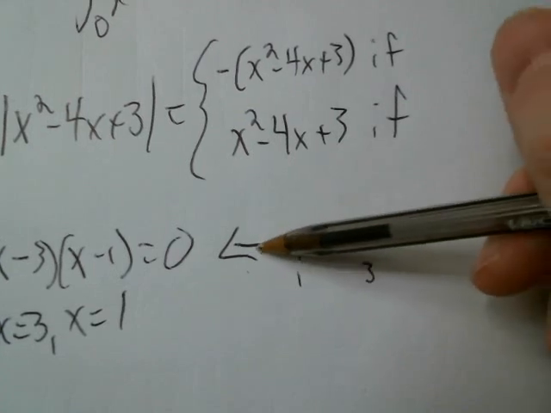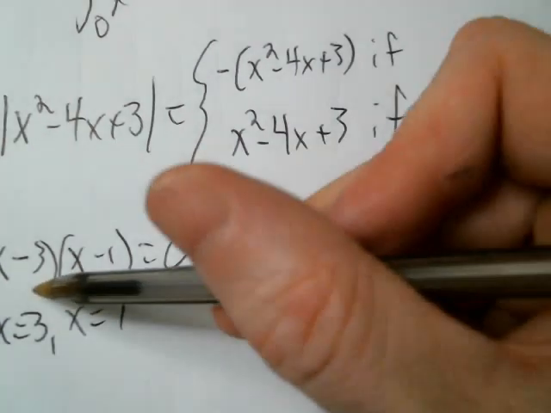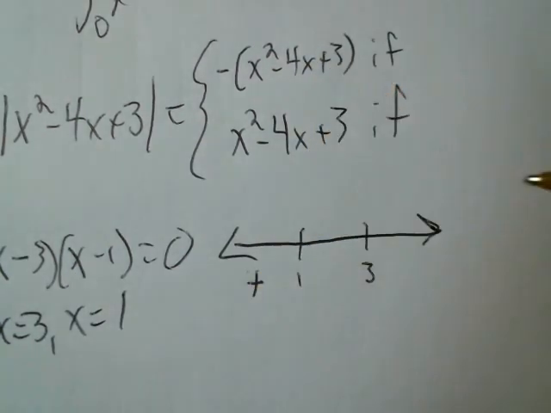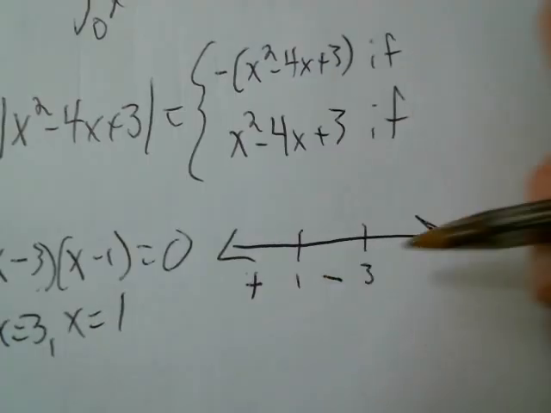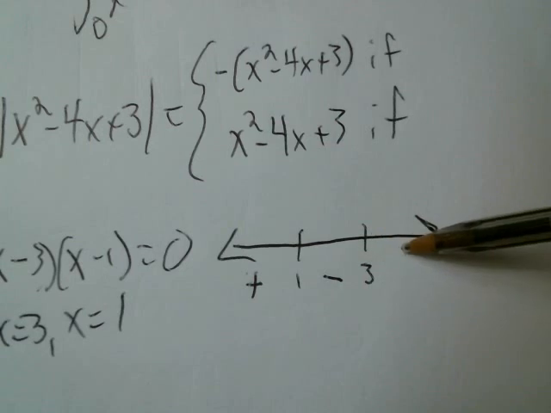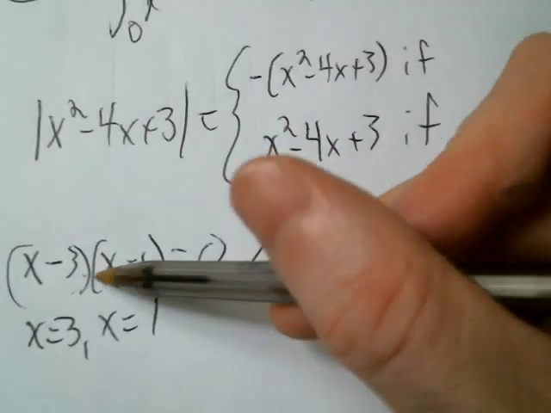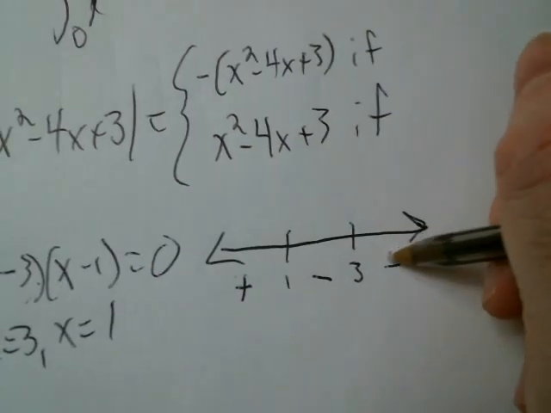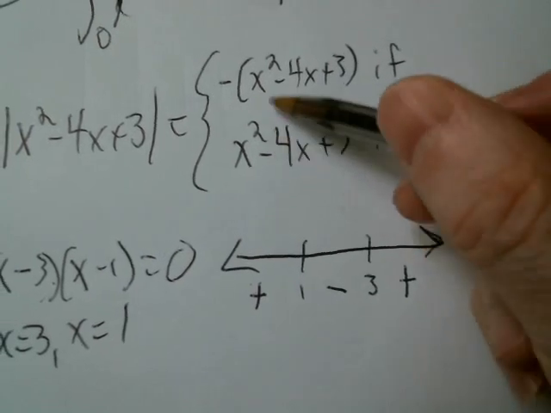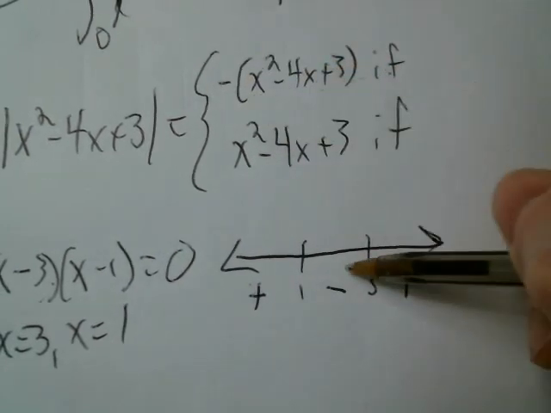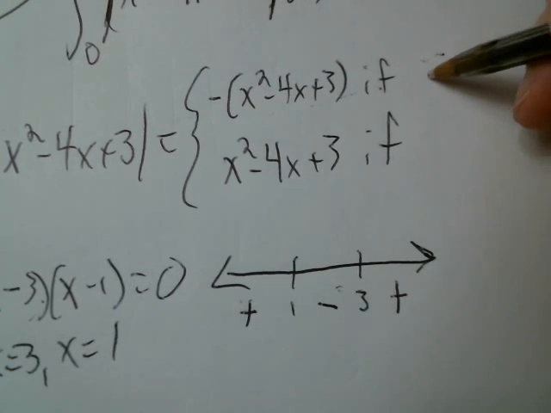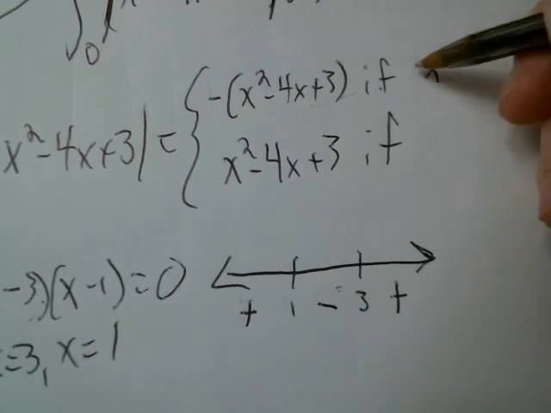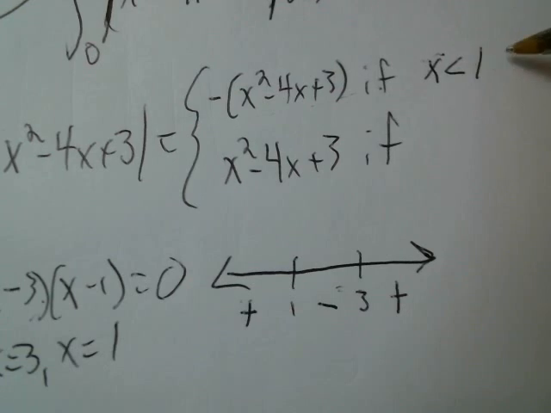So when x is like 0, I'll have a negative times a negative, so it'll be positive there. When x is 2, I'll have a negative times a positive, so it'll be negative there. And when x is, say, 4, I'll have a positive times a positive, so it'll be positive there. So it's negative if x is between 1 and 3.